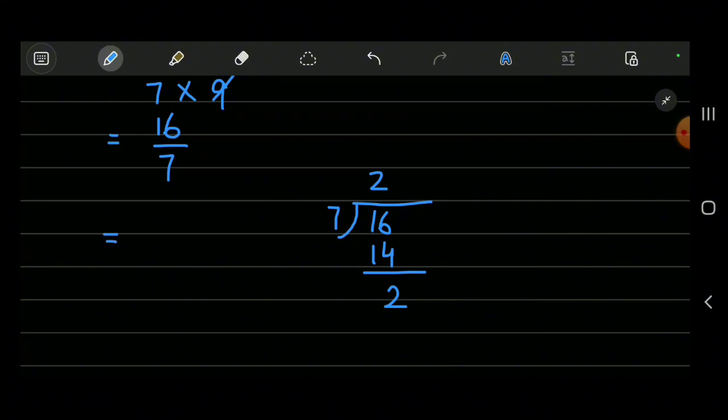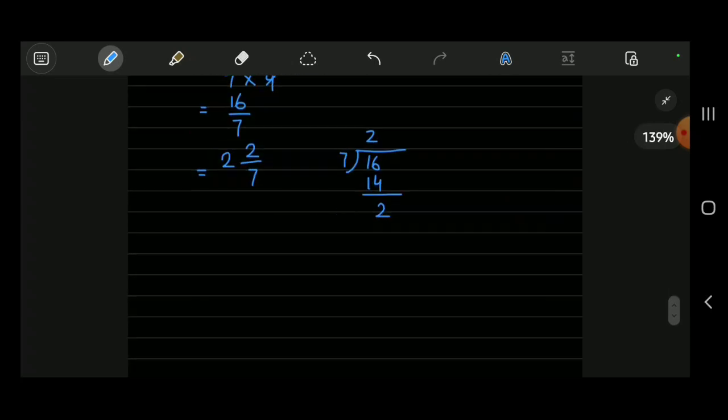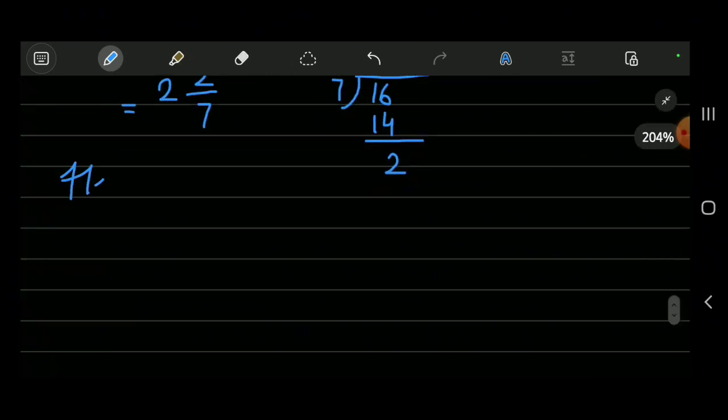Okay, so we have quotient, remainder over divisor, 2 by 7. Yes, it is the same, so hence proved.